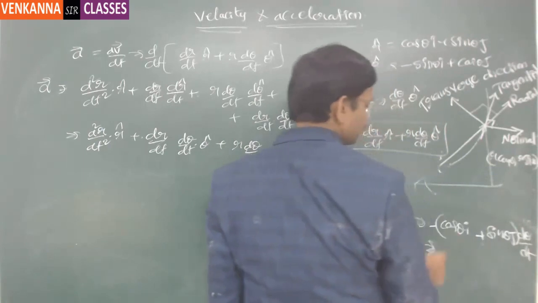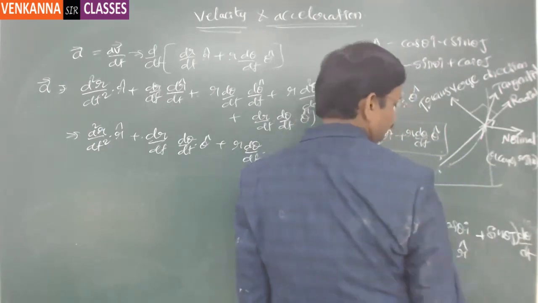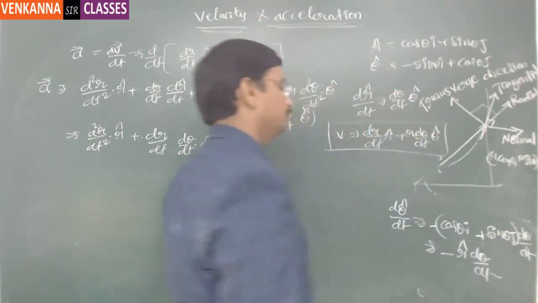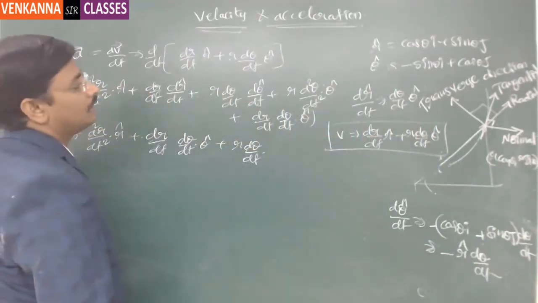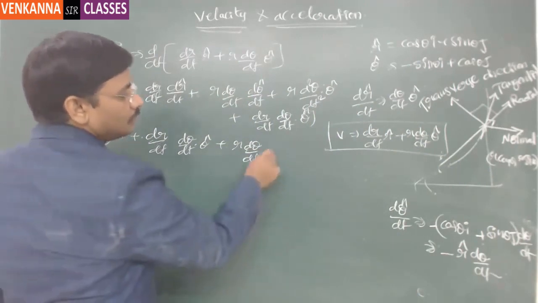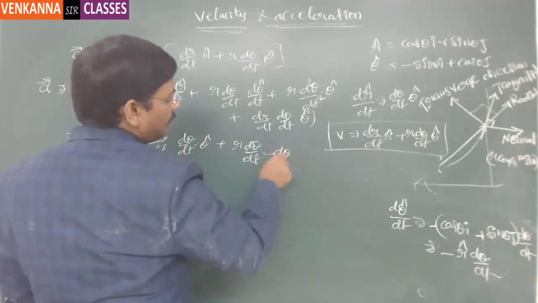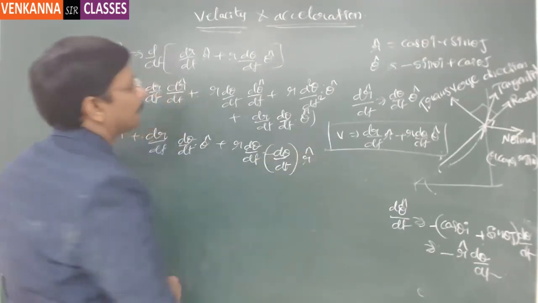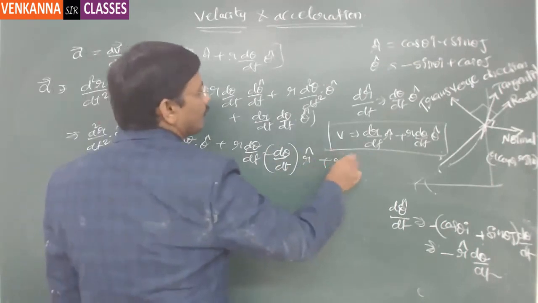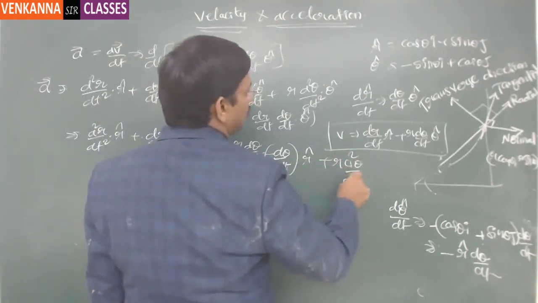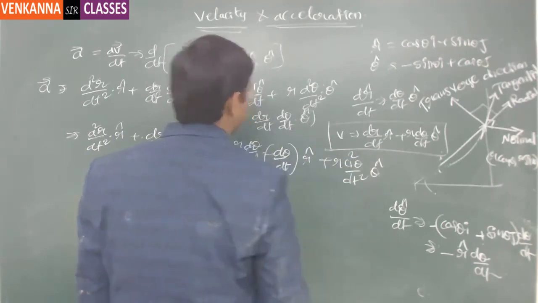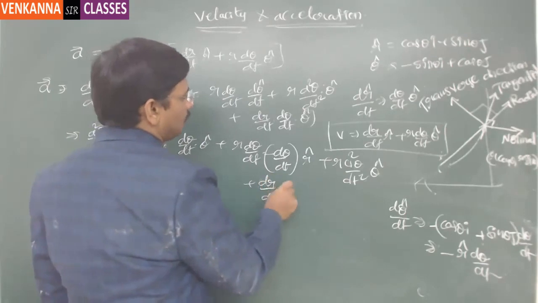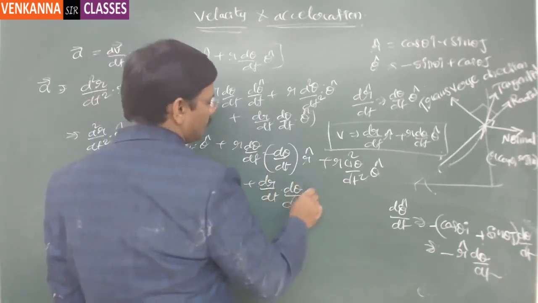So this is coming as minus of r cap into d theta by dt, right? So d theta cap by dt you can write as minus d theta by dt into r cap plus r d square theta by dt square into theta cap plus dr by dt into d theta by dt into theta cap.